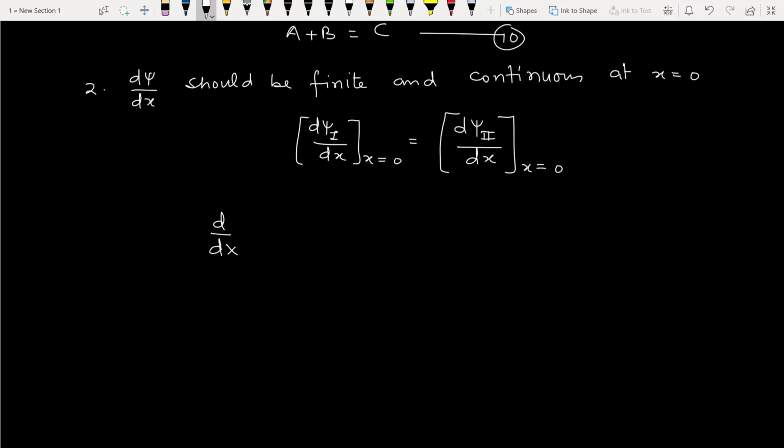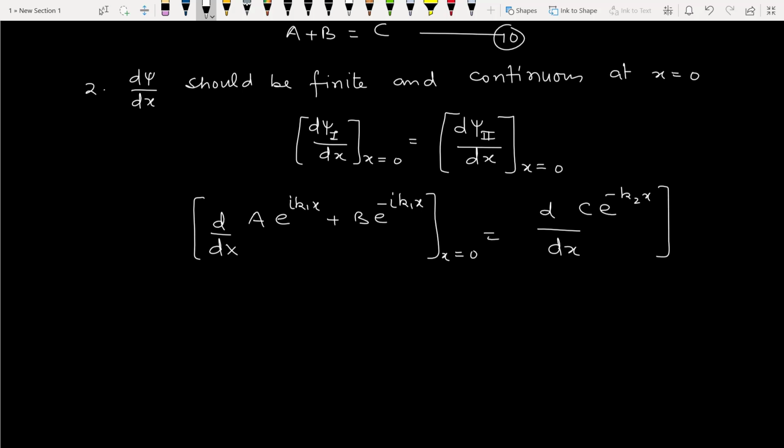d by dx of psi 1, which is a e raised to power iota k1x plus b e raised to power minus iota k1x at x is equal to 0, equals d by dx of c e raised to power minus k2x at x is equal to 0.